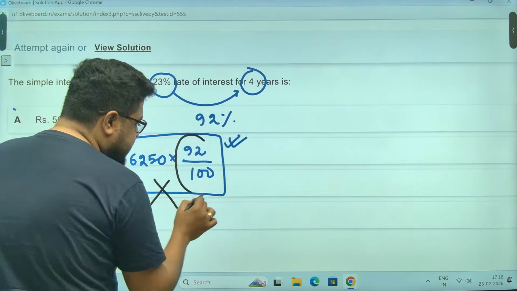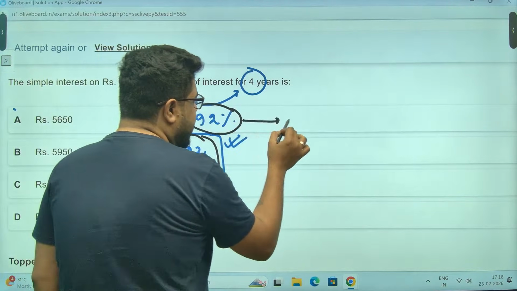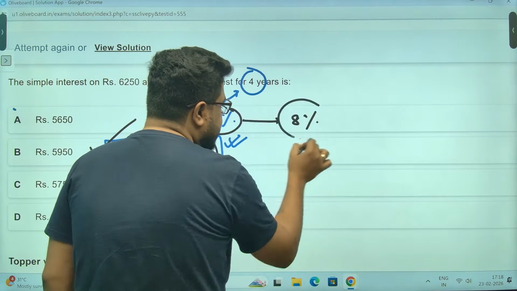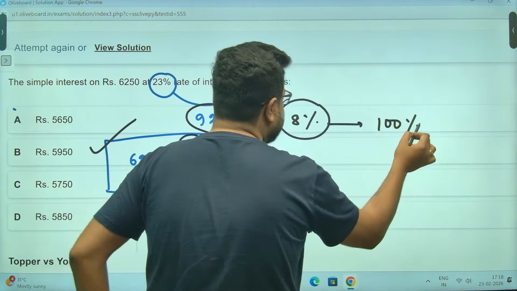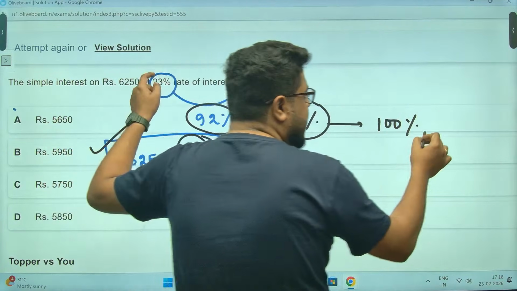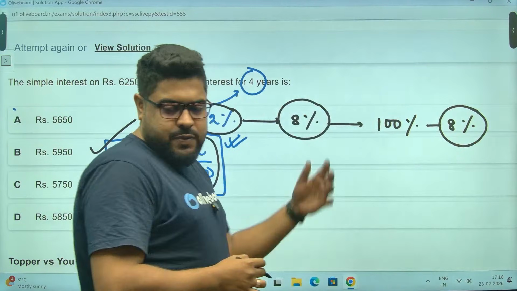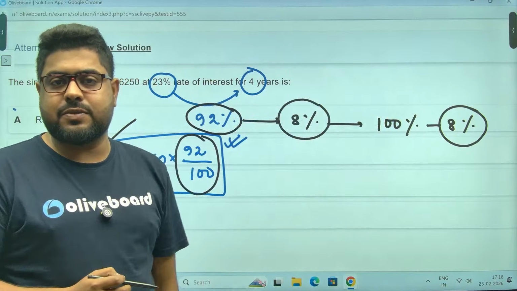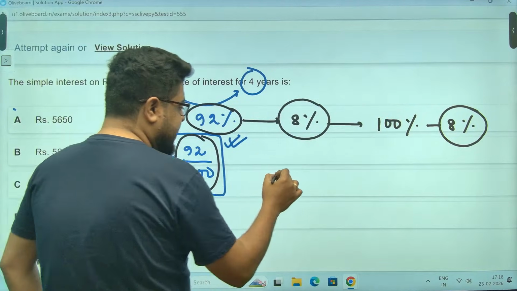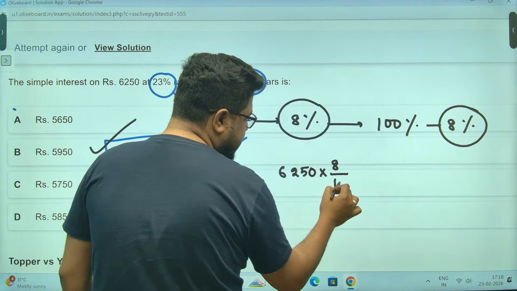I can see this is 92%. So what I'll do, I will rather calculate 8%. What I'm targeting, I'll calculate 100%. 100% means 6250, and subtract this 8% which I'll calculate. That way also I'll get 92%. But this is a much easier calculation. So let's do that. 6250 into 8%.